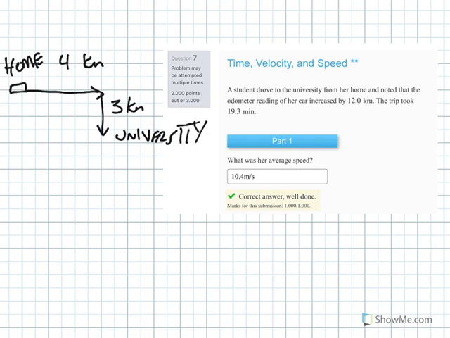Then the distance that you have driven is in the common sense understanding of distance. You drove 4 kilometers and then 3 kilometers, so 7 kilometers. However, your displacement, that's different. Displacement, remember, we're trying to distinguish those two.